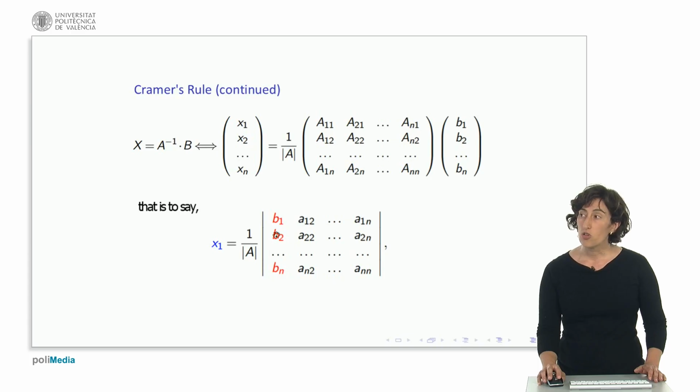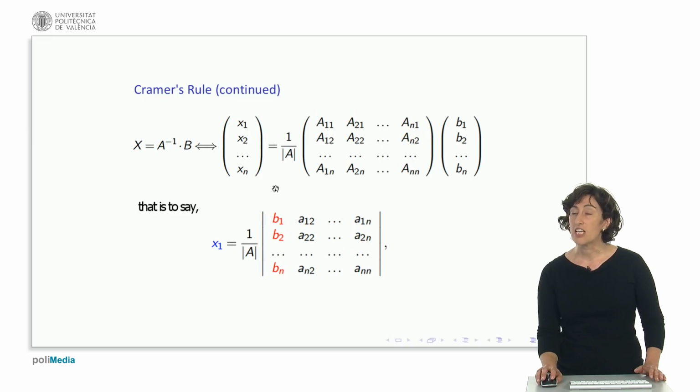A sub 2, 1 is replaced by B2. A sub 3, 1 is replaced by B3, and so on, to A sub n1, which will be replaced by Bn. That is, I replace the column 1 because it is the variable 1 by the vector of independent terms. This determinant divided by this other determinant gives me the value of x1.